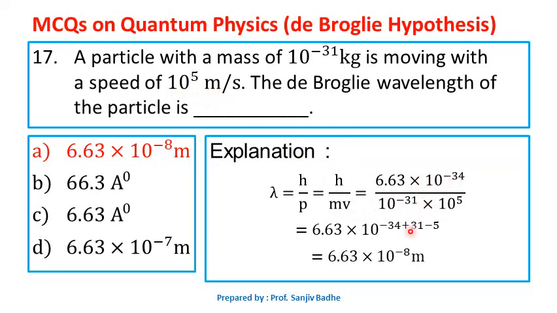So we can simply calculate this as 6.63 into 10 raised to minus 34 plus 31 minus 5, which comes out to be 6.63 into 10 raised to minus 8 meters. So correct option is option A. 6.63 into 10 raised to minus 8 meter will be the de Broglie wavelength of the particle.